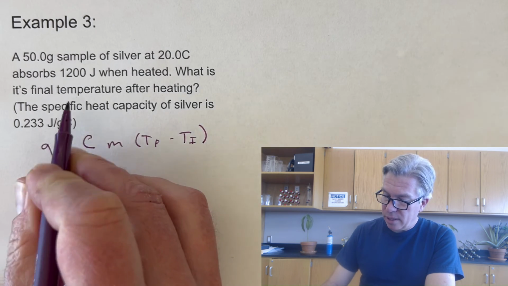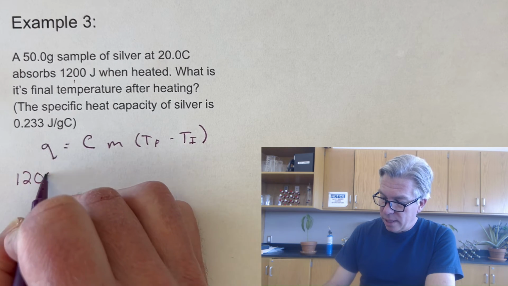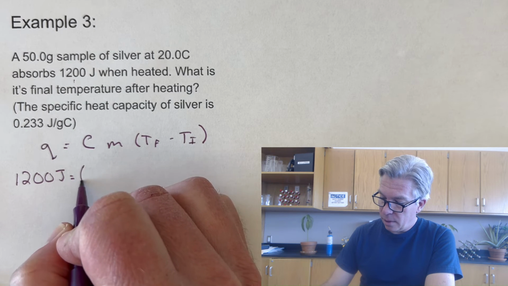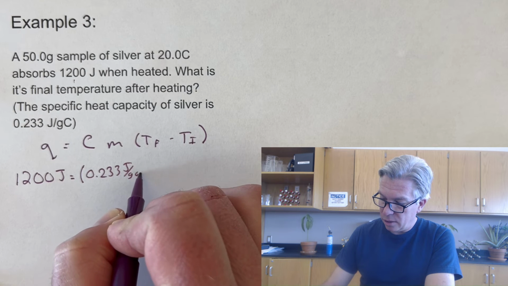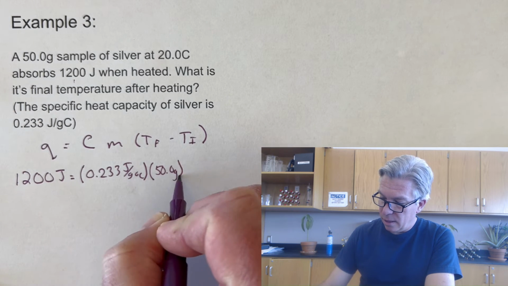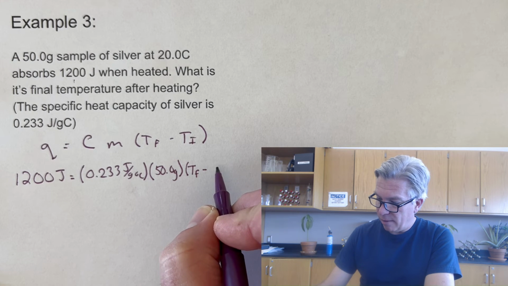Now, at this point, this one's different because I actually know what the Q is. Whenever you get your energy value in joules, put it in there. The heat capacity, 0.233 joules per gram degree. The mass is 50 grams. And I don't know what T final is, so I'm just going to leave it blank. That's going to be my variable.